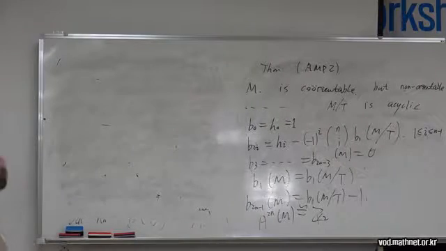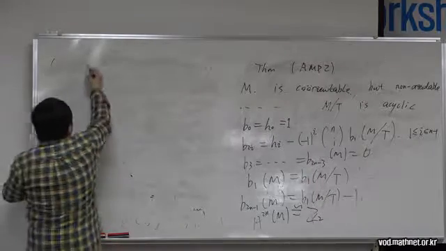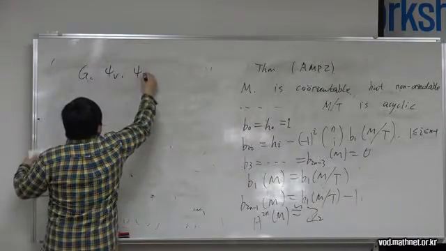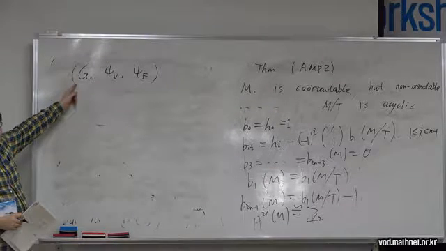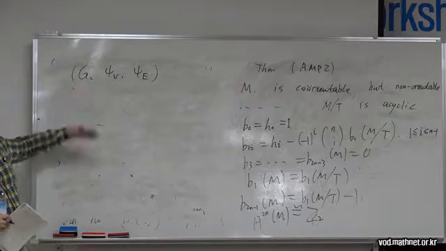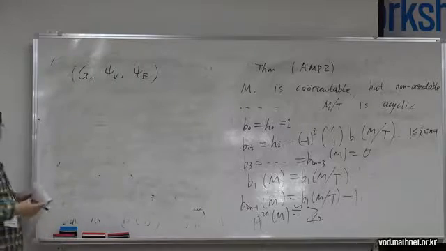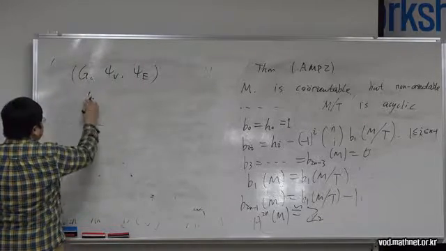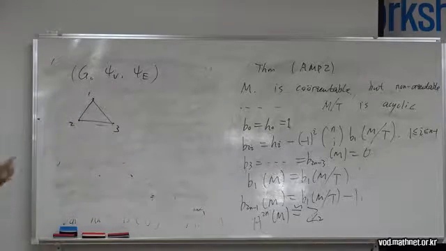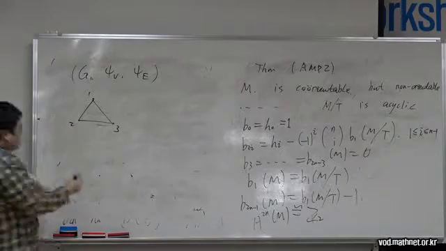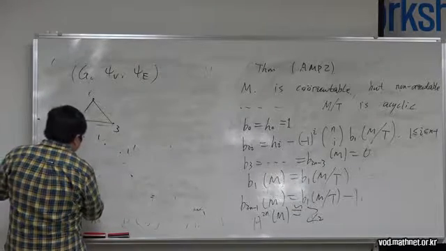Now we will talk about the proof. The idea of the proof is quite simple. First we have this graph G, which is non-orientable. That is to say, it is not two-colorable. We can give a lifting so that it becomes two-colorable. We can give an example to show the idea. This graph is not two-colorable, but we can construct another one with vertices 1, 1 prime, 2 and 2 prime.